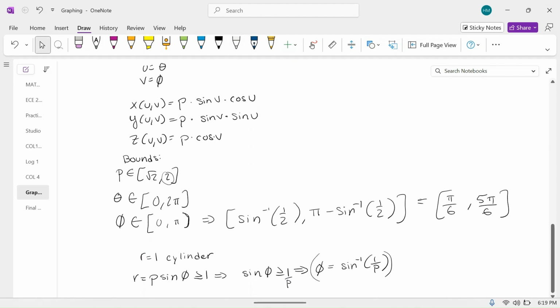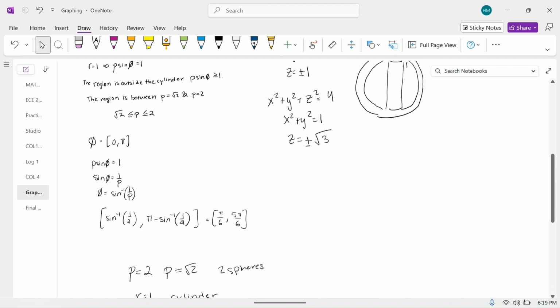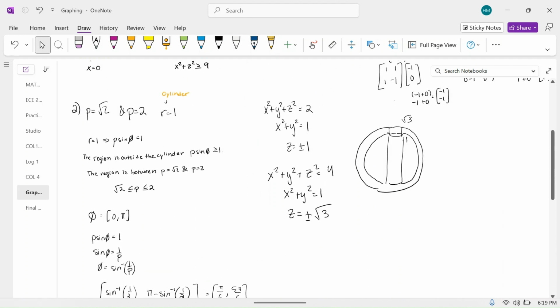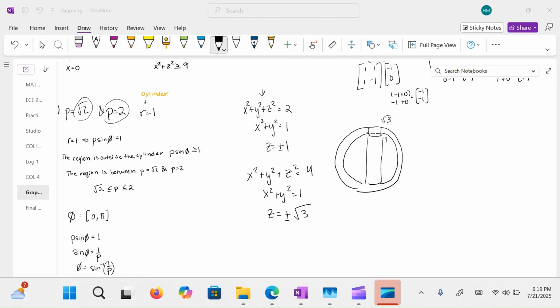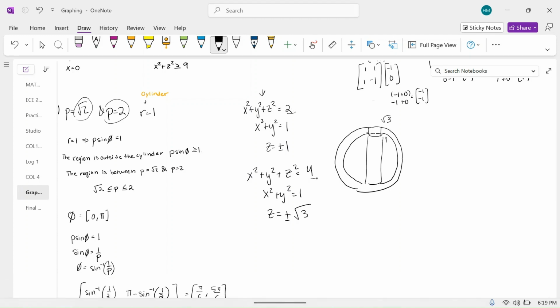And now we can continue with plotting. Similarly, you could also do this in Cartesian coordinates. So basically, I just did the sphere formula and put in the radius 2. I'm sorry, 2 squared, as you can see here. And square root of 2 squared will give me 2, and 2 squared will give me 4.